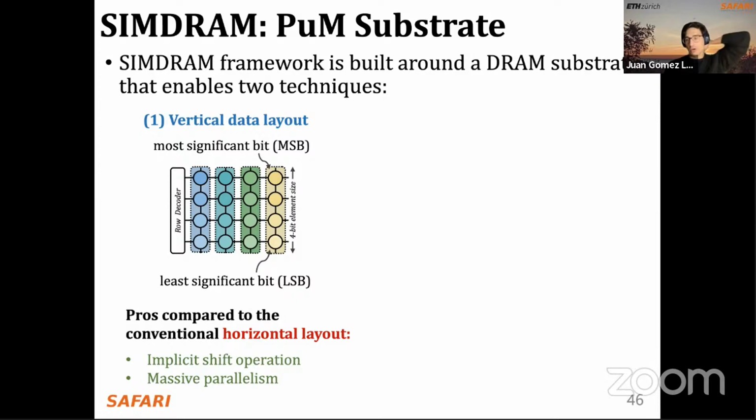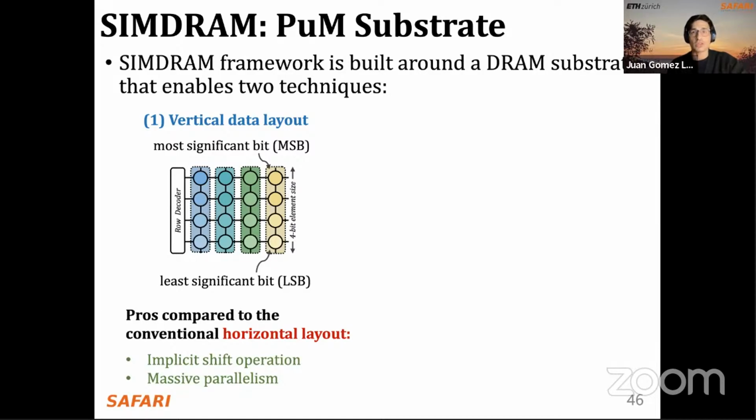With a horizontal layout, it's not possible to shift bits corresponding to the same element from one position to the next. Why is that? Because the bit lines are completely independent and not connected to each other.